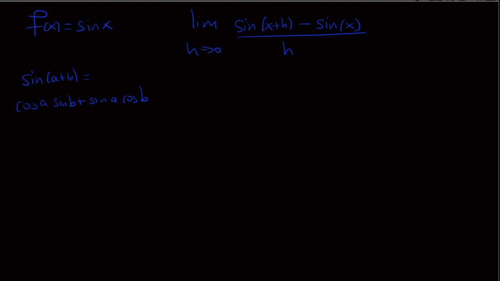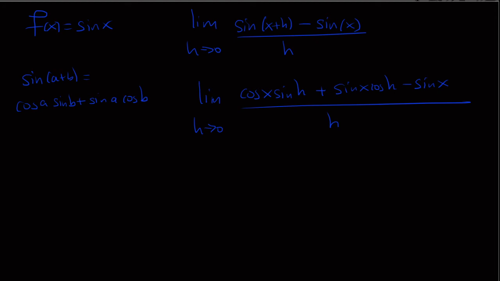So I'm going to replace a with x, b with h, and rewrite this as cosine x times sine h plus sine x cosine h minus sine x, all over h. Okay, this gets a little tricky now.